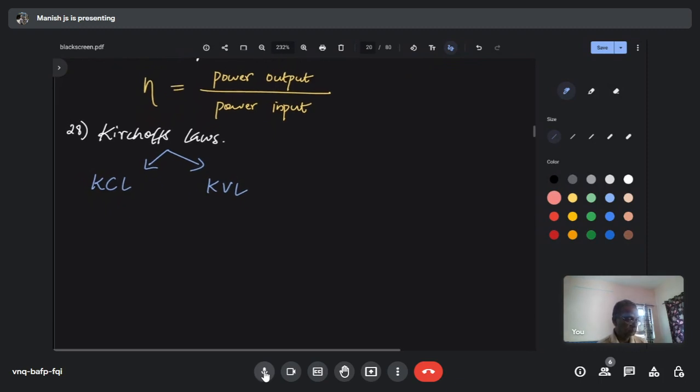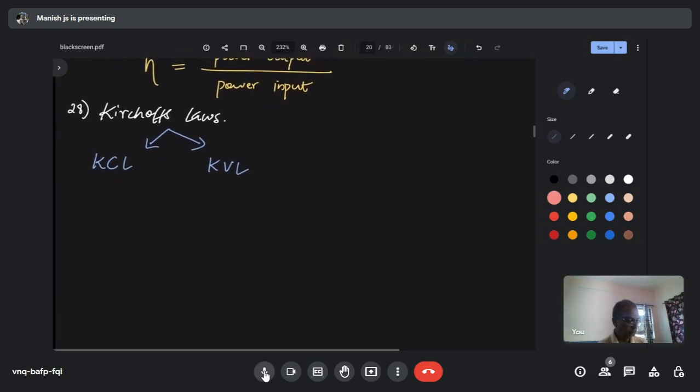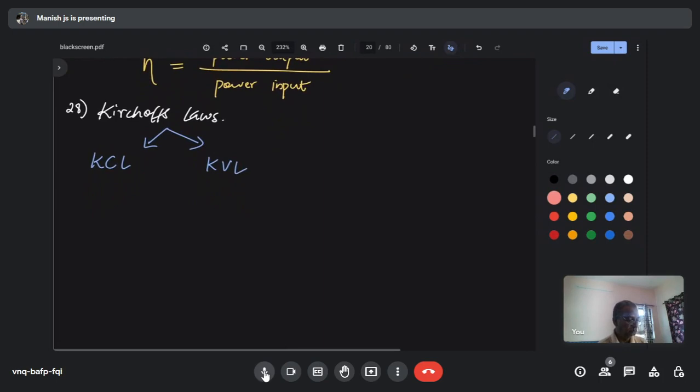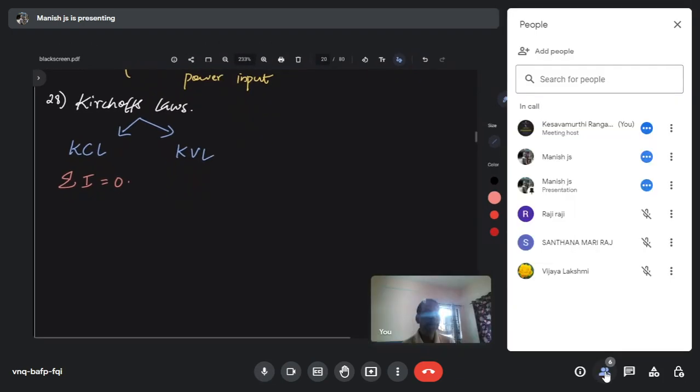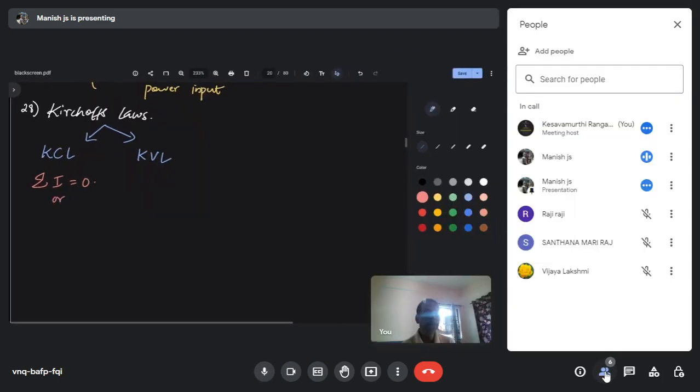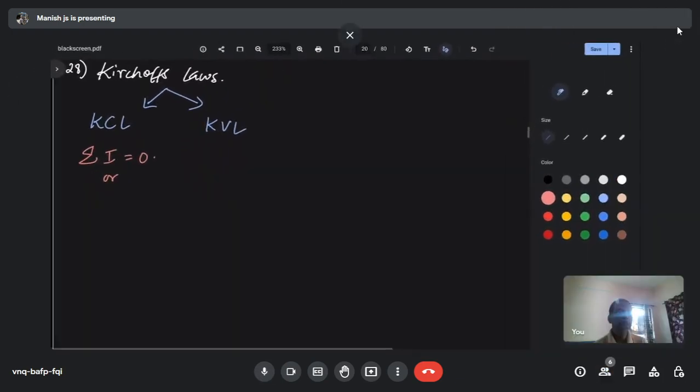The Kirchhoff's current law gives you the relationship that the sum of all the currents entering or leaving the junction is going to be equal to zero. So we can simply say sigma I is going to be 0, or incoming currents would be equal to the outgoing currents.